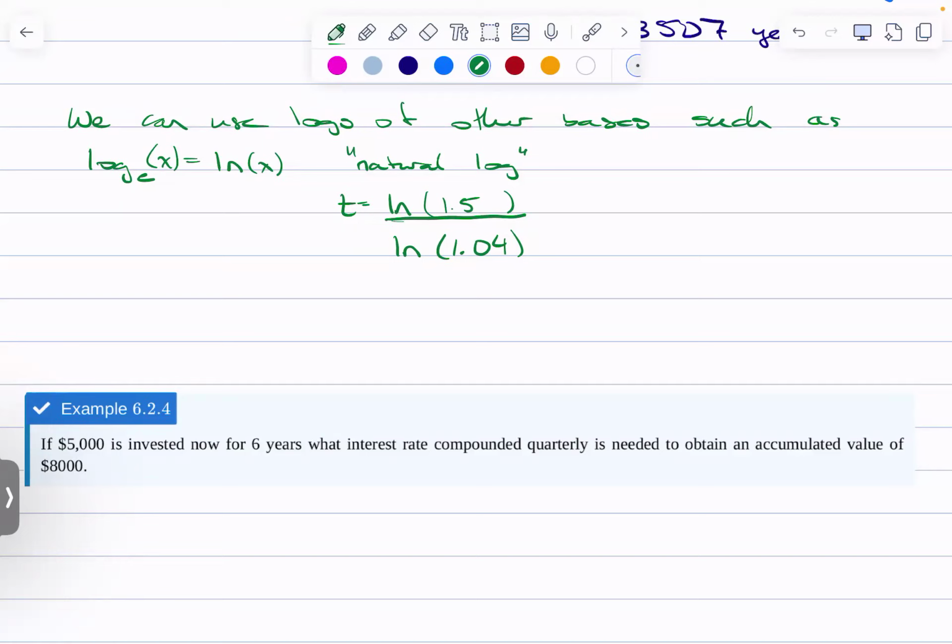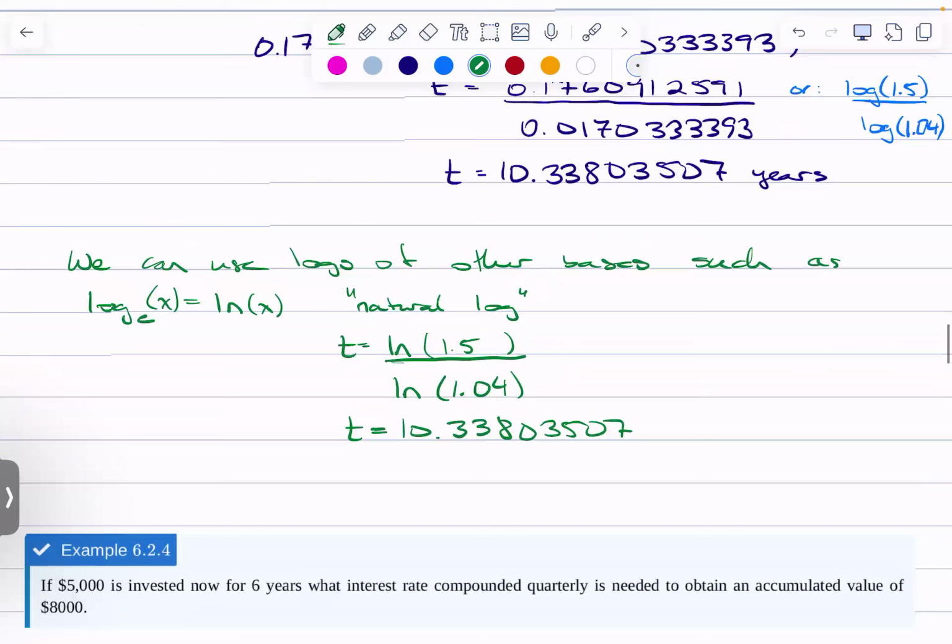The natural log of 1.5 divided by the natural log of 1.04 gives 10.3380357, which is the same. So it doesn't matter which base you use. That's kind of cool.